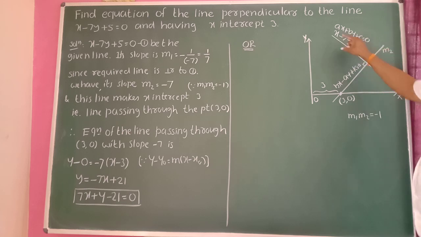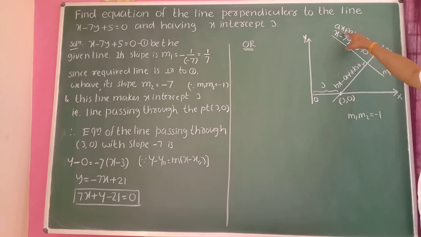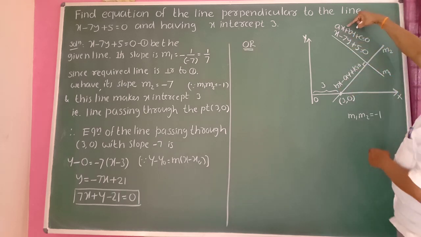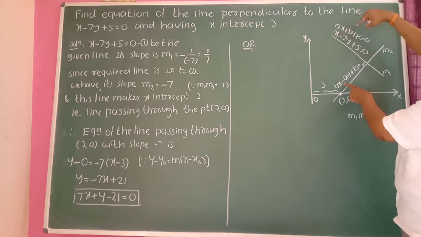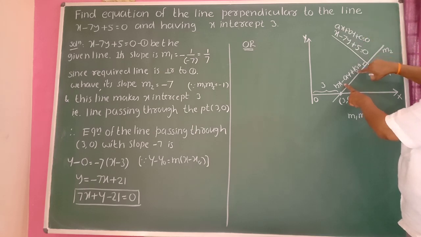That means interchange a and b and change the sign. If here is a plus sign, write minus; if here is minus, write plus. Then instead of the constant c, take k.